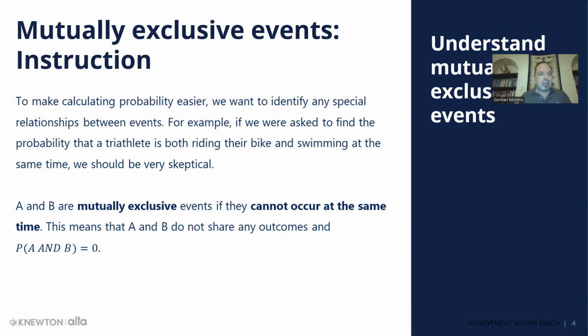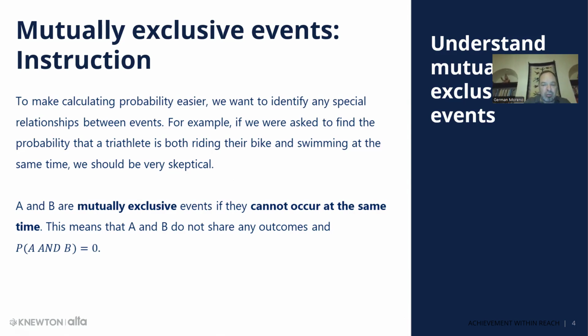To make calculating probability easier, we want to identify any special relationships between events. For example, if we're asked to find the probability that a triathlete is both riding their bike and swimming at the same time, we should be very skeptical. A and B are mutually exclusive events if they cannot occur at the same time.